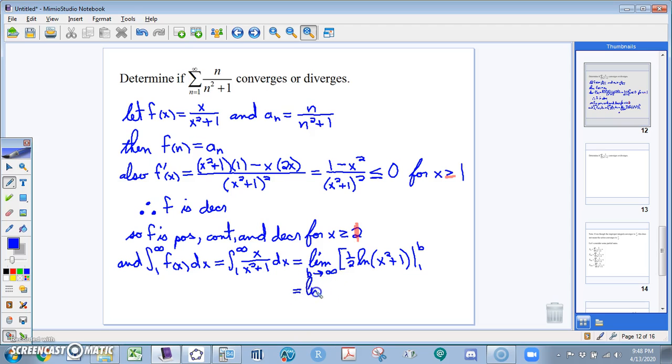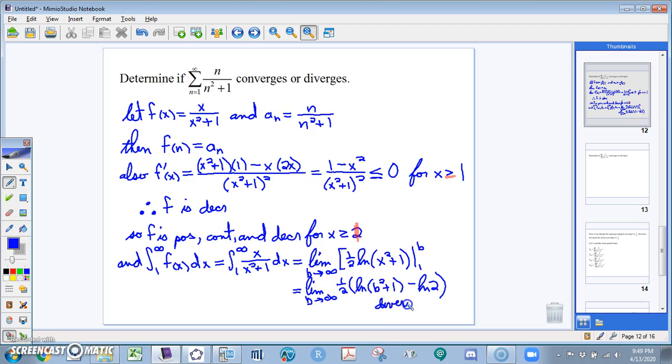So that gives me the limit as b goes to infinity of 1/2, I'll pull that out, natural log of b squared plus 1 minus natural log of 2, and that diverges because log of a bigger and bigger number is just bigger and bigger. Even if you're subtracting a finite amount, that's just going to get bigger and bigger.